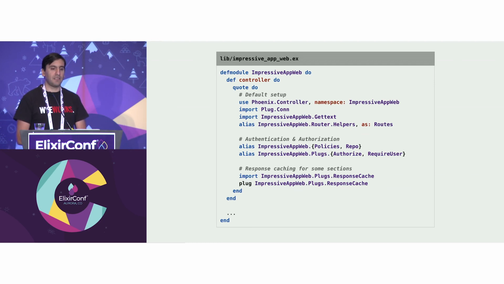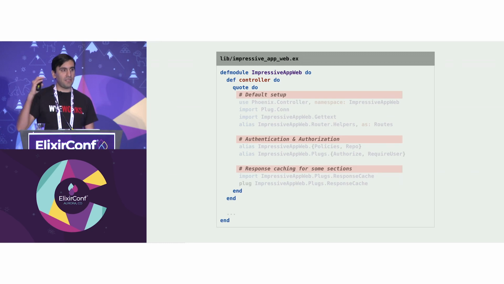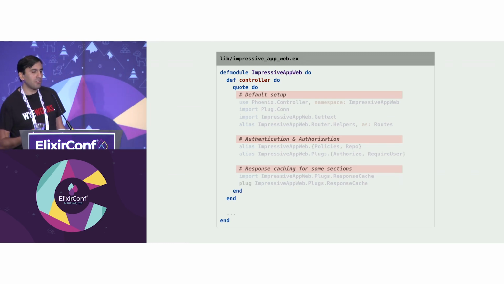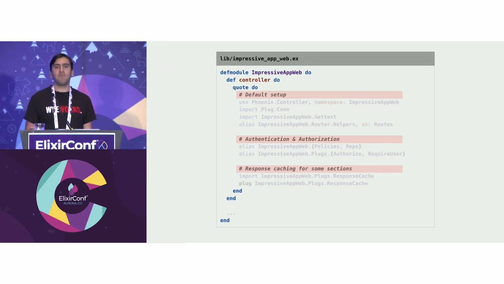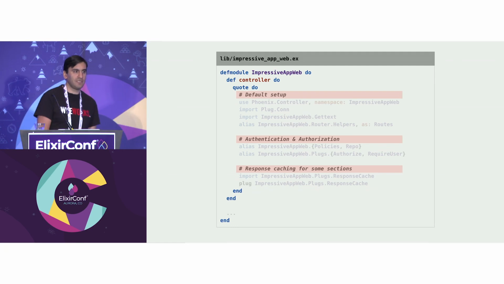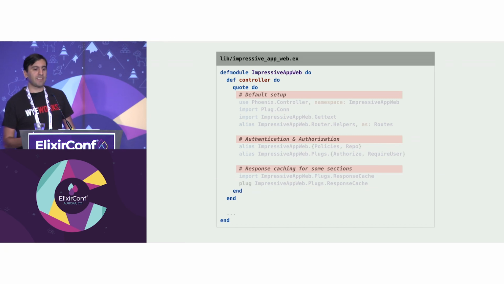And as usually happens, we will have the default setup, the thing that was generated by Phoenix, but also a bunch of lines importing functionality in each one of our controllers. As time passes or your application grows, it's pretty common to have a bunch of things at the same time.